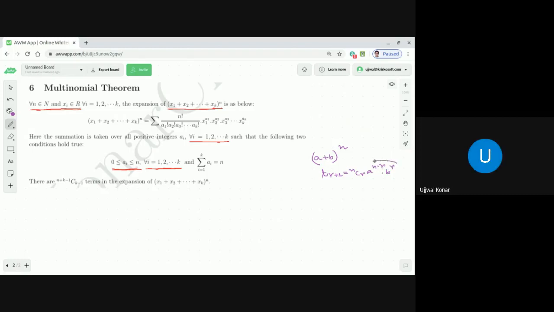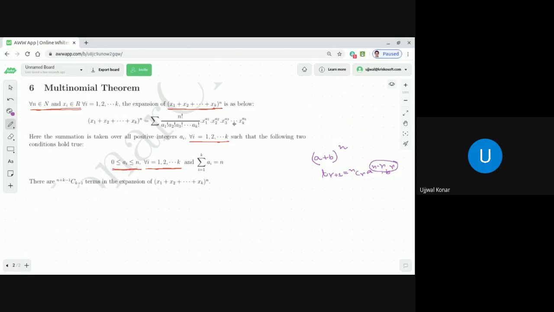If you add these two powers of a and b, it is actually n. But in context to our discussion of the multinomial theorem, a and b are nothing but x1, x2, correct? You got my point, dear students? In context to our discussion, a becomes x1 and b becomes x2. Then whatever their powers are, a1, a2, a3 up to ak, they have to sum up to n.